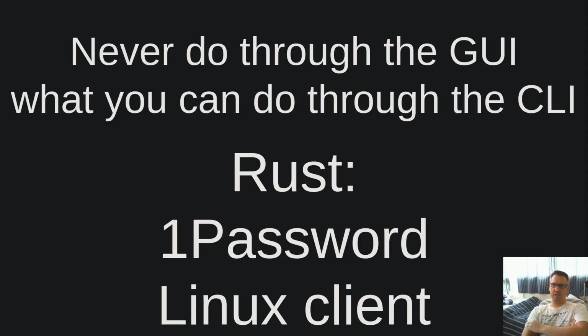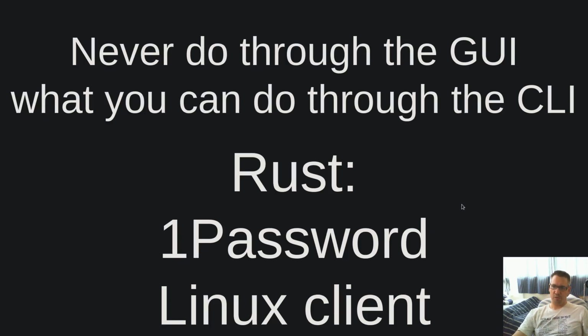CLI channel. Today we will be talking about the Rust 1Password Linux client. I want to talk a little bit about this event, let's say, the release of a Linux client for 1Password, and I want to talk specifically about one aspect of this.